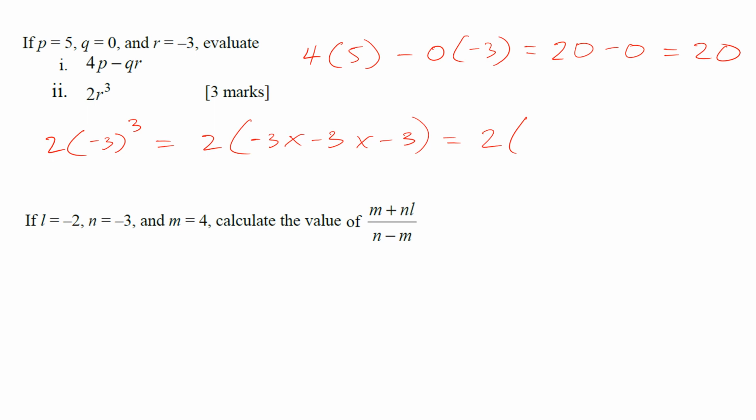Whenever we multiply 3 negative numbers, we get back a negative number. And then 3 times 3 times 3 will give us 27. So the final problem is just 2 times negative 27. That will definitely give us negative 54. So the answer to the second part of that question is negative 54.